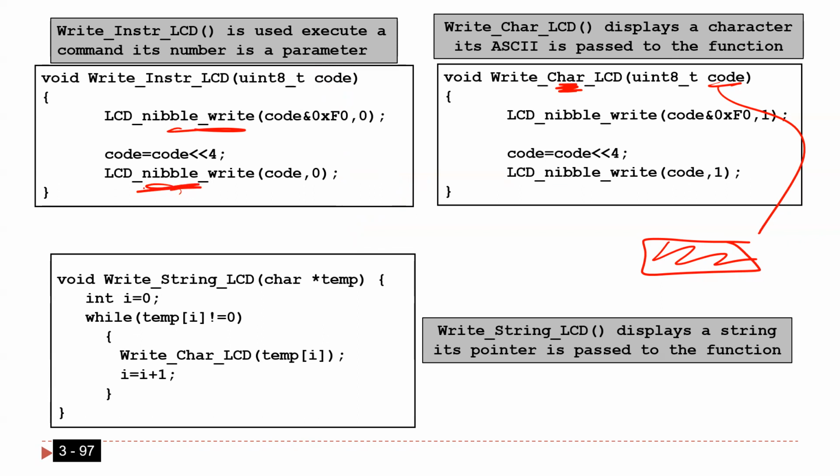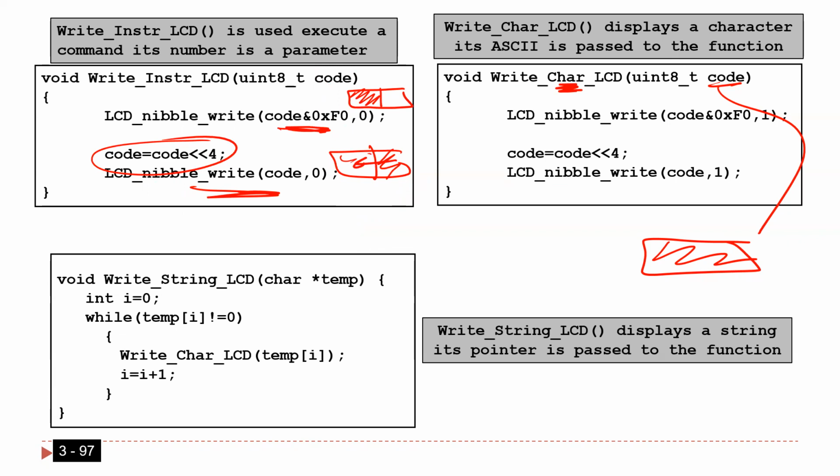It's going to call the nibble twice, as you see here. This function always displays the most significant nibble.